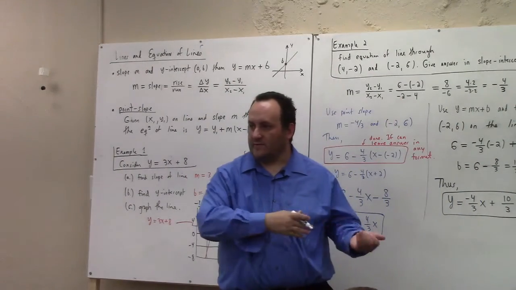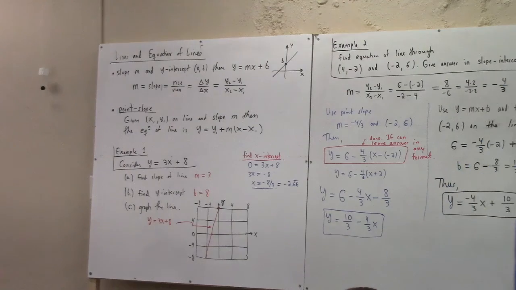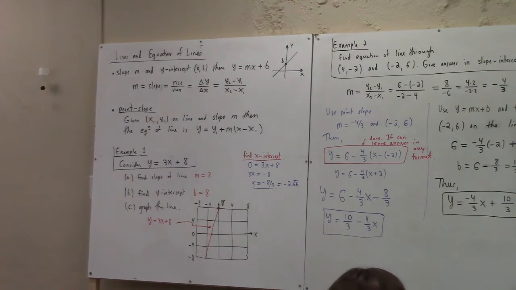We set 4 equal to what to find that point of intersection? 3x plus 6. So I assume that both the thing which defines the green line as well as the thing which defines the red line are both true. I put those together, and in so doing, I have an equation with just x. In the previous one, I put the equations together and got an equation just involving y.